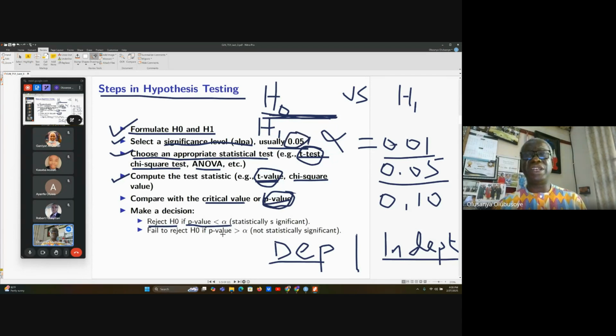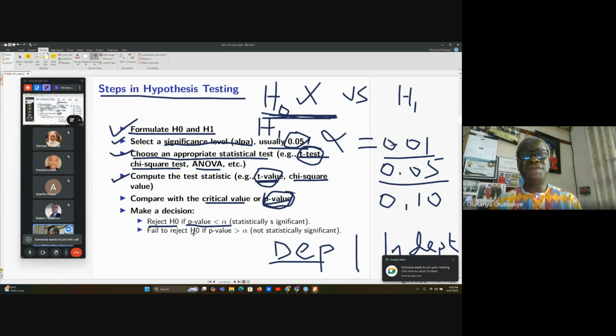What that means is that you are rejecting H naught, and the implication is that the test is significant, that what is in H1, your claim in the alternative, is true as far as the evidence or the data is concerned.